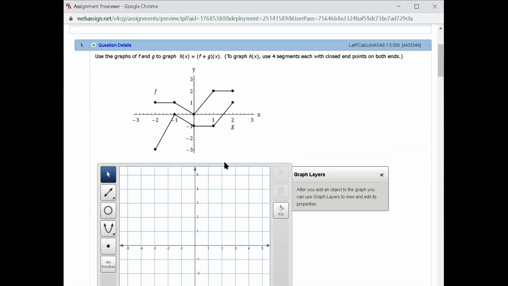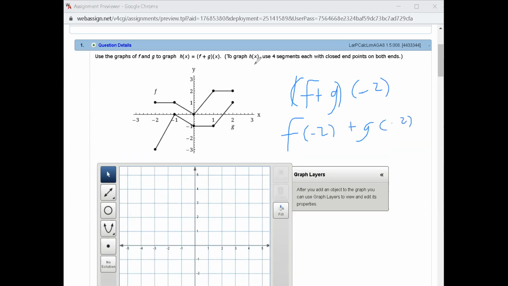Okay, so the idea here is I'll just plot one of the points for you. If I'm adding these functions together, then I'm just adding f of x plus g of x. So for example, if I want to find f plus g of -2, then what I would do is I'd find f of -2 plus g of -2, right?